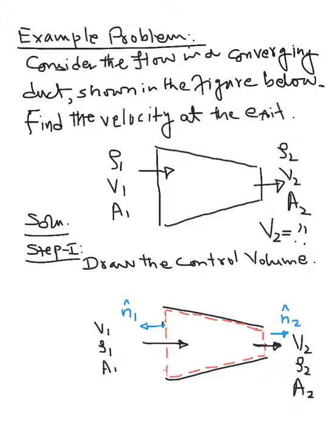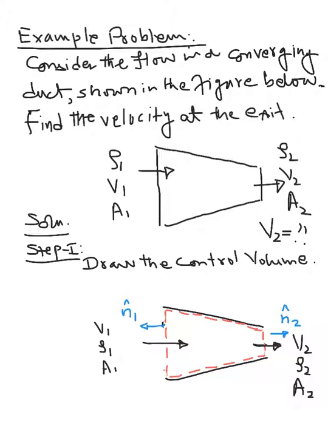As a first step, draw the control volume. The control volume is shown here with the red dashed lines. These lines indicate the control surfaces of interest, where the data is given or the information required is to be determined.